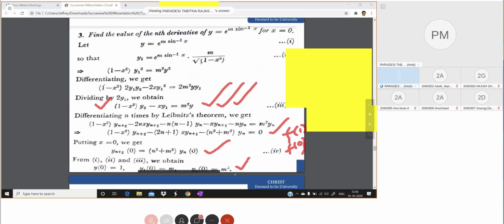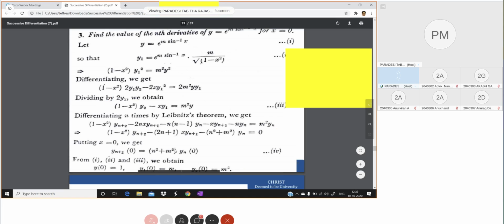Confirmed? Rishikesh, confirm. Is the y2 of 0 clear? Right, okay. Otherwise, we'll come back to it.